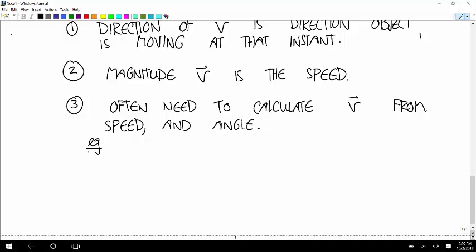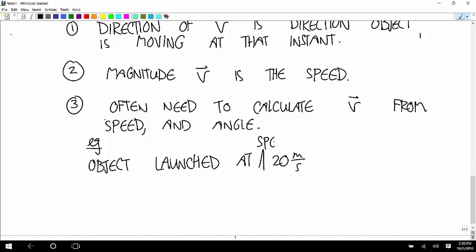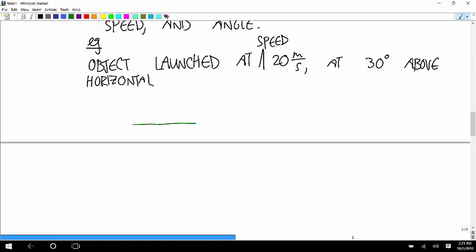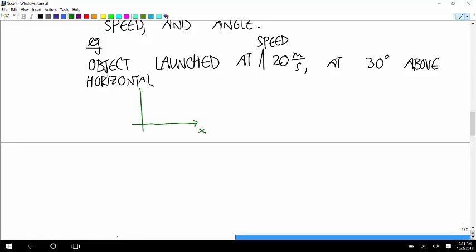So for example, if an object is launched at a speed of 20 meters per second at, let's say, 30 degrees above the horizontal, and say we're using a coordinate system like this, then at that instant that it's launched, you would draw the velocity vector like this.